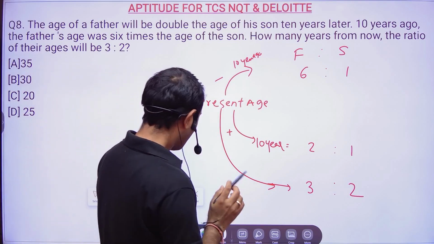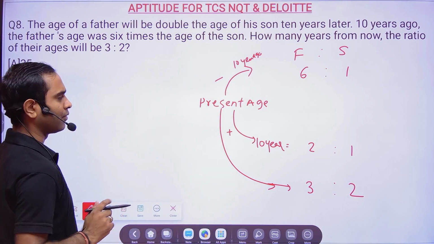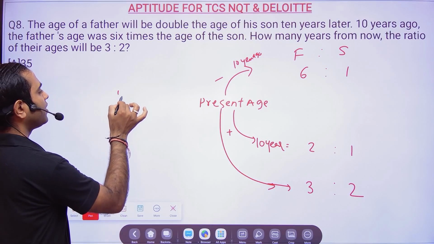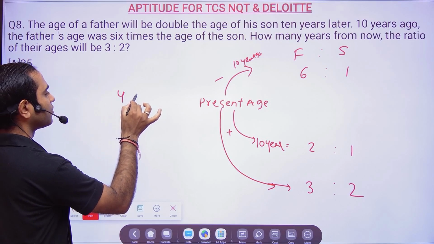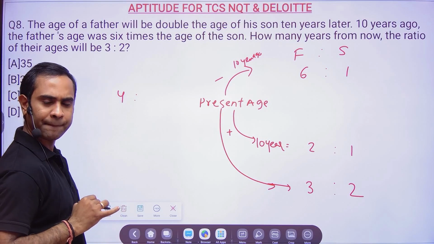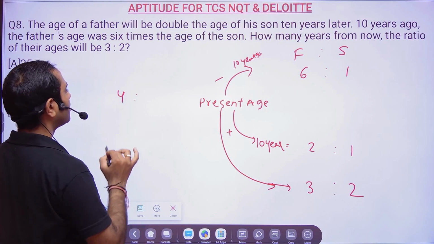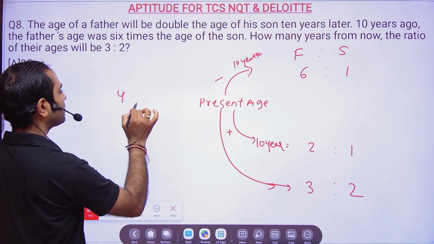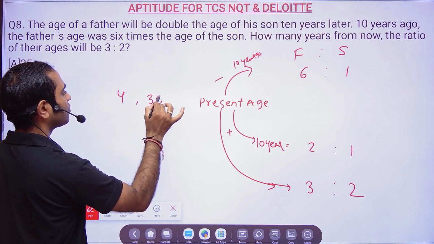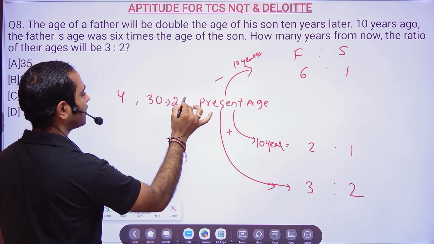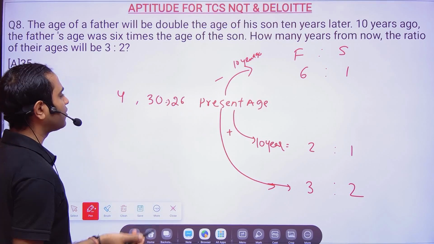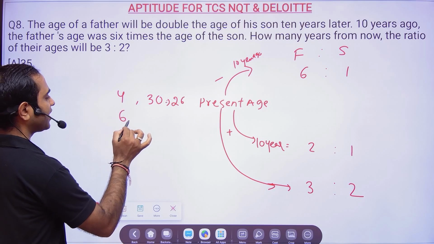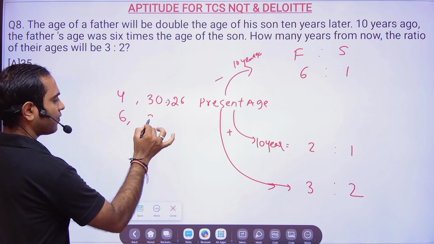Now, one thing, friends, I wanted to tell you. Suppose your age is 4 years old, and your father's age is 30 years old. So what is the difference? It is 26. Now, after 2 years, your age will be 6 and your father's age will be 32.